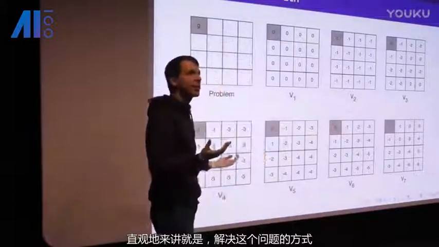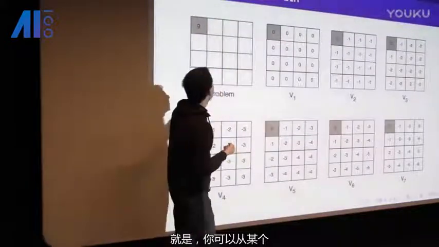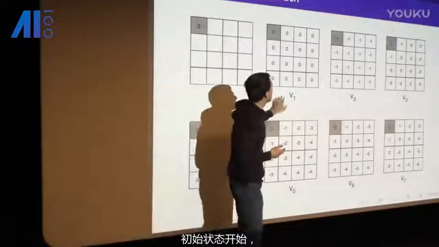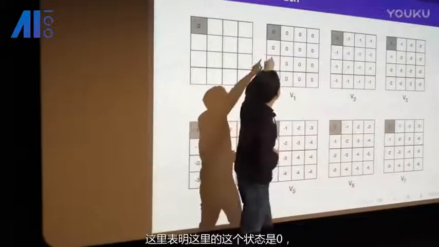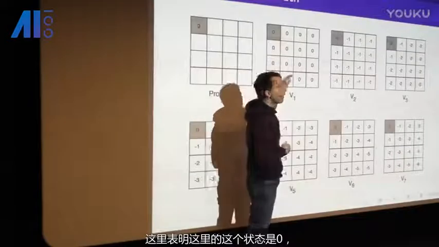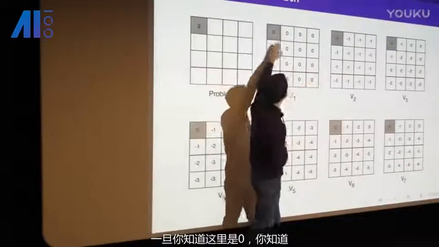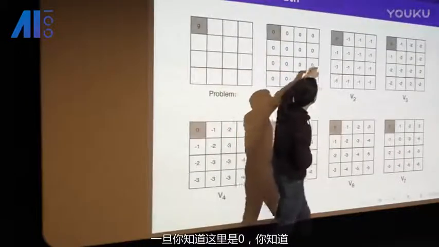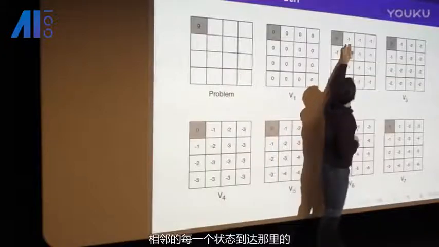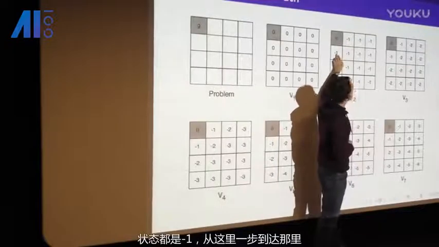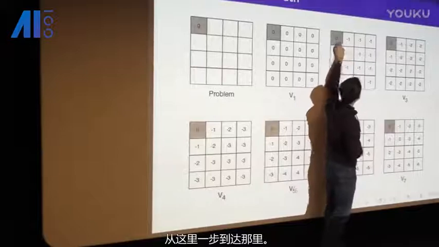And intuitively, the way to solve such problems is that you start off with some initial state that tells you that it's 0 at this state here, and then you work your way backwards. Once you know it's 0 here, you know that from each of the states adjacent to that, the cost is -1 to reach that. It takes you 1 step to get there, 1 step to get there.